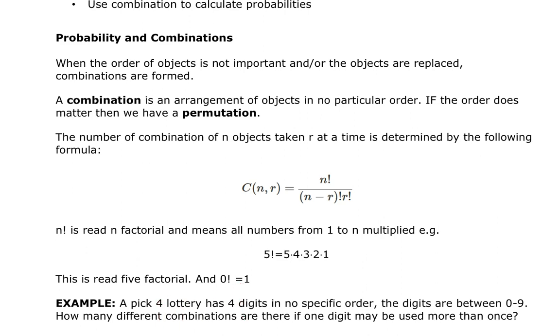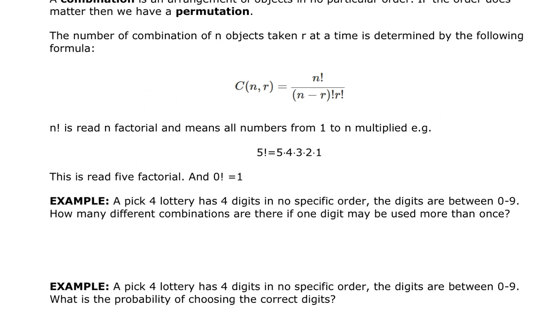So let's take a look at an example in which we have a combination. You have a pick 4 lottery. It has 4 digits in no specific order. The digits are between 0 and 9. How many different combinations are there if one digit may be used more than once? If you are using your calculator, you would use the 10 choose 4 button.